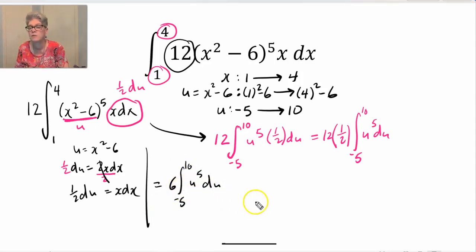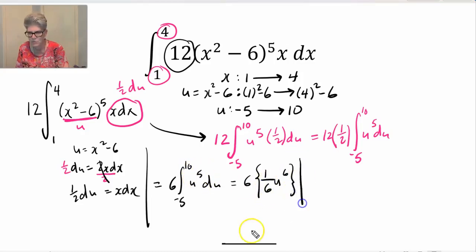And now I can integrate this just using the power rule. So 6 is coming along for the ride. And u to the 5th, when I integrate that, I'm going to have u to the power of the original exponent plus 1. And then out the front, I'm going to have a fraction and 1 over the original exponent plus 1.